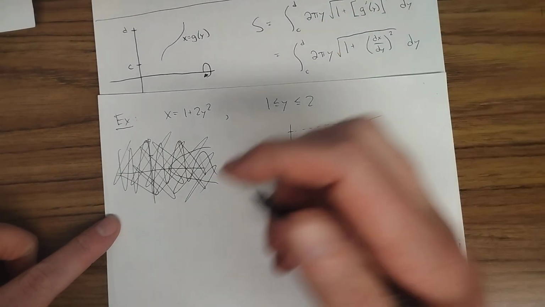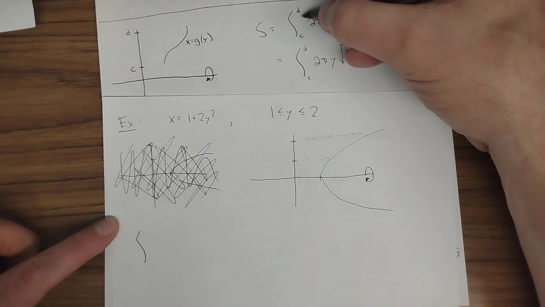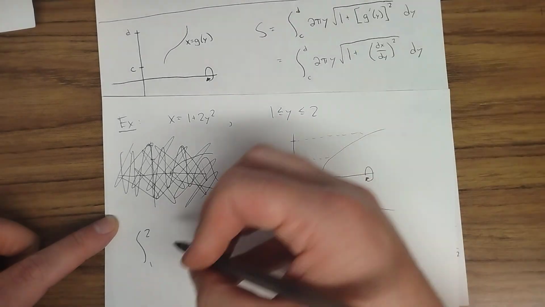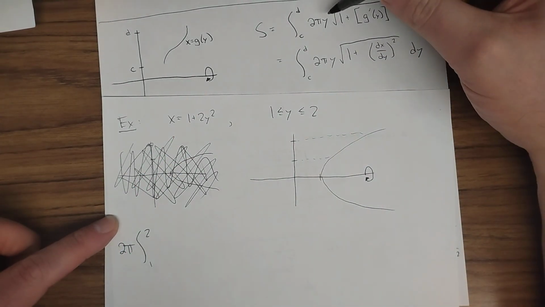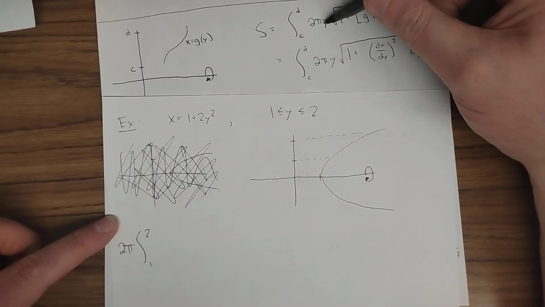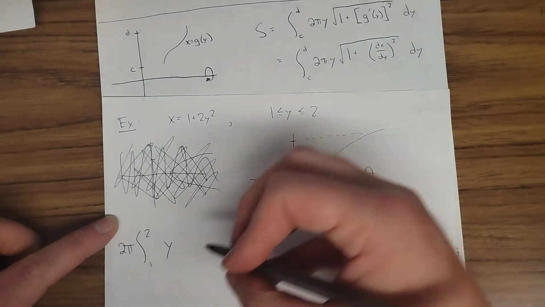So I'm going to have the integral. These are limits for y. y goes from 1 to 2. I've got a 2 pi that I can just write on the outside. And then this is an integral with respect to y, so I'm not going to replace y with anything. I'm just going to write y. y is just y.